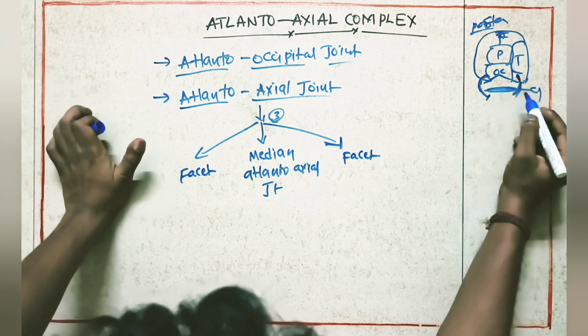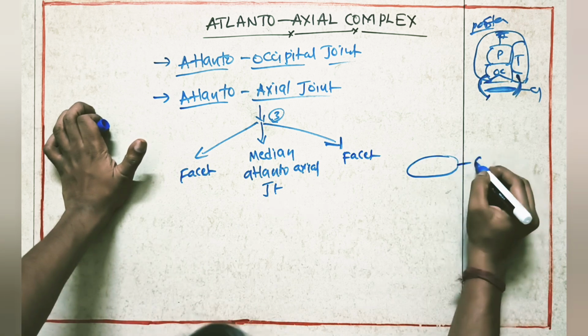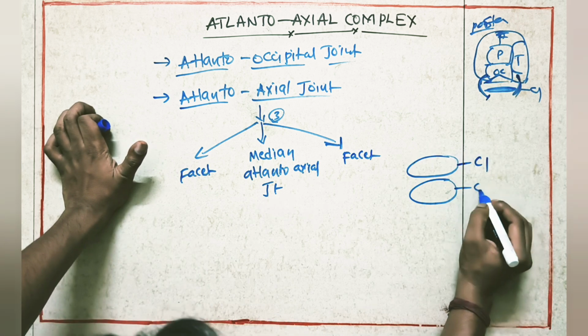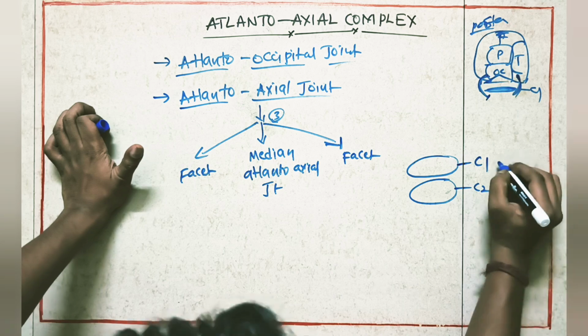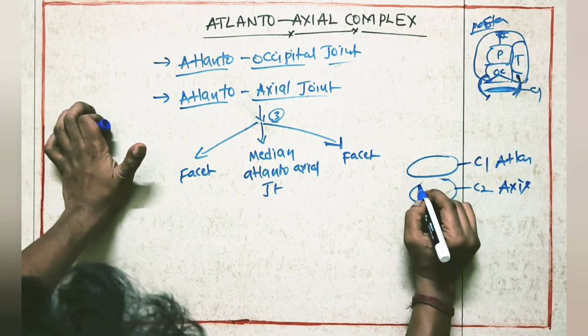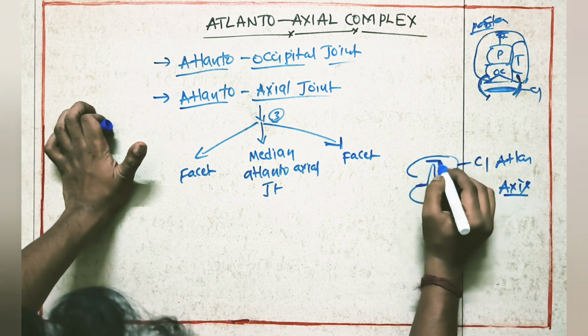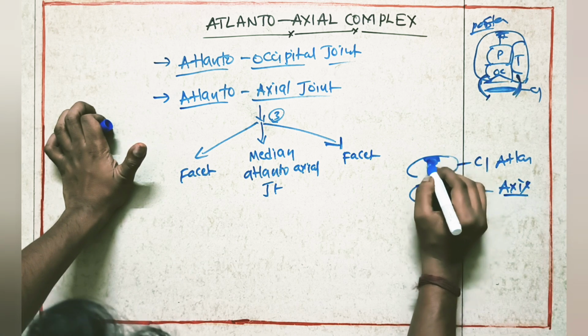What it means: suppose here is the C1 vertebra, atlas, and now we'll see the C2 vertebra, the axis. Here we discussed that we'll be having the dens process on the axis, which is going to articulate with the atlas.